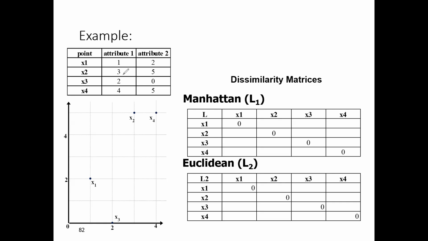If you take the distance L1 between x1 and x2, you take the absolute values and then sum them.